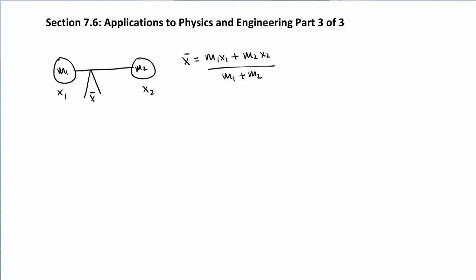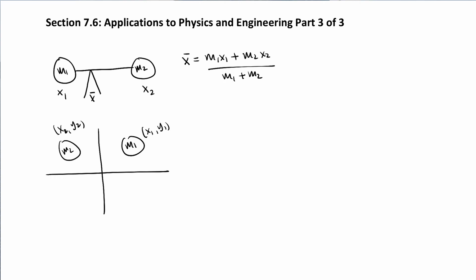Then we extended this to having different masses in two-dimensional situations. Say this is M1 located at x1, y1, and this is M2 located at x2, y2. Let me put another one here, M3 located at x3, y3. Then the x coordinate of the center of mass, you can extend it to n masses.